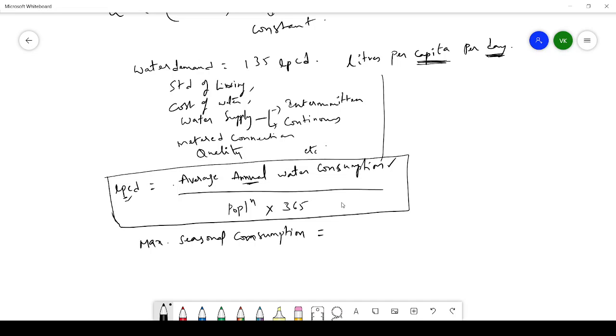During the summer season you are going to use more amount of water. So maximum seasonal consumption will be equal to 1.3 times the average annual water consumption, right? Definitely it will be 30% more than average consumption value.